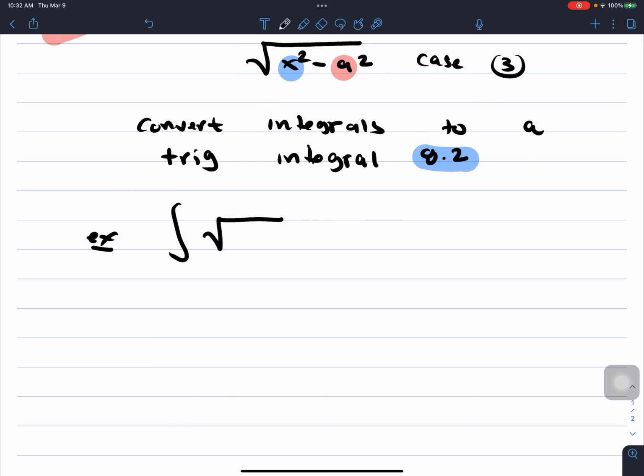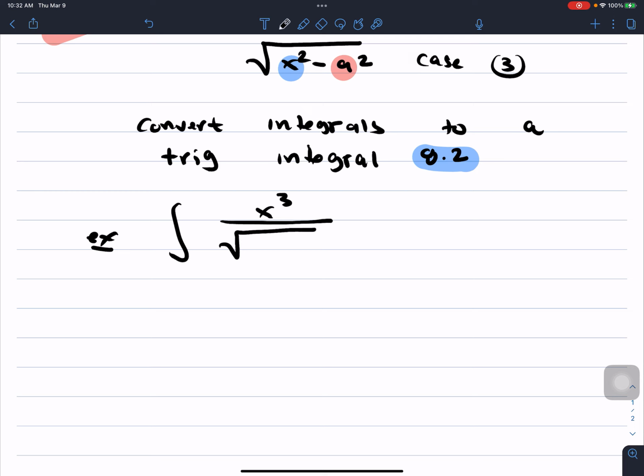Let me double check, because I might want to do a different one, a simpler version just in case.